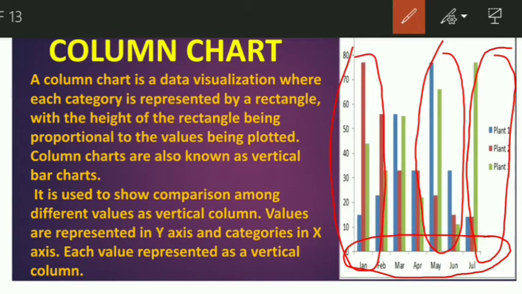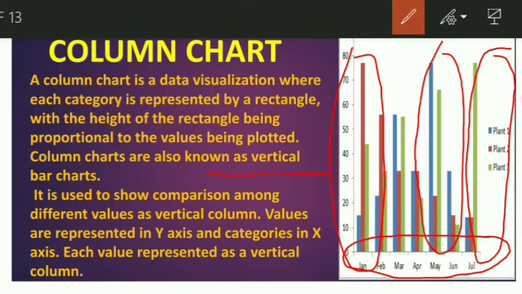A column chart is a data visualization where each category is represented by a rectangle with the height of the rectangle proportional to the values being plotted. That means the rectangular bars are in vertical position, which is why it is also known as a vertical bar chart.